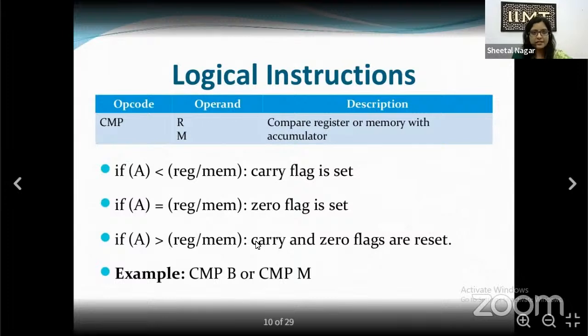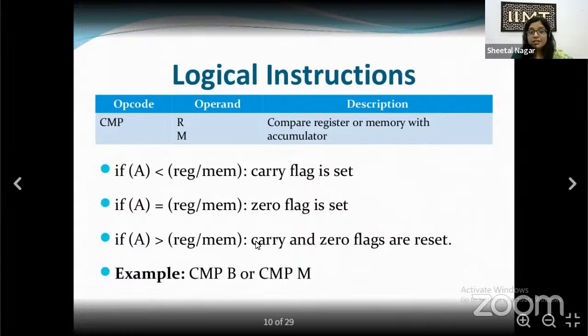Now the next case: if the contents of the accumulator and the contents of the general purpose register are equal, if both contents are the same, then the zero flag will be set.